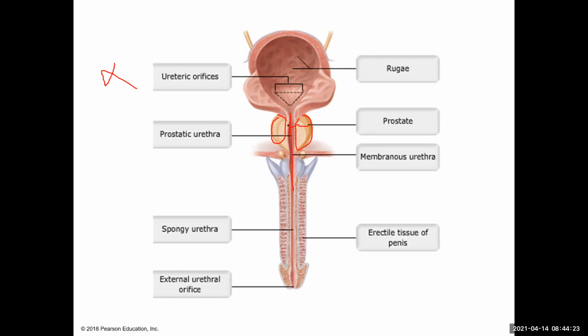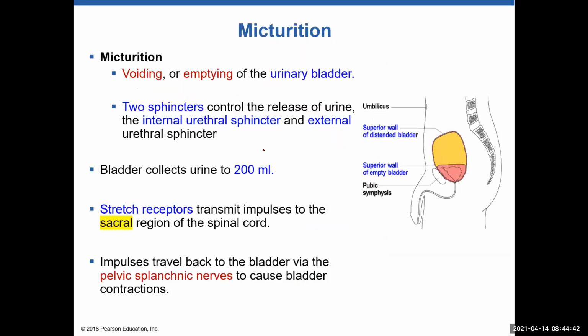Almost one third of the volume of the semen comes from the prostate gland. So it's a gland basically in the males. Did you understand what the prostate gland is now?